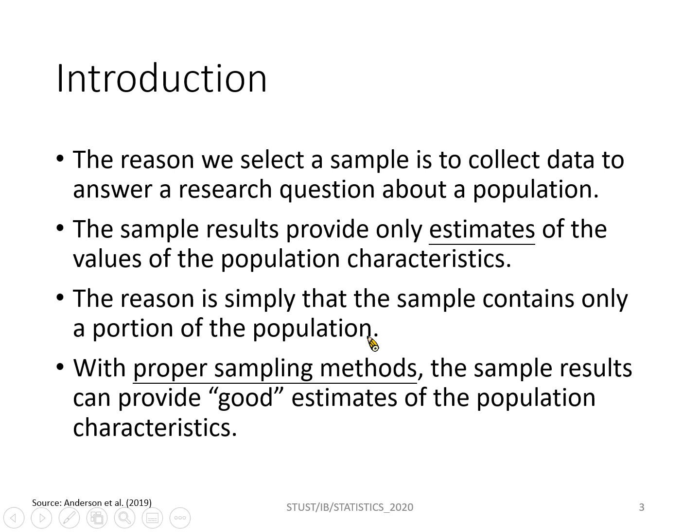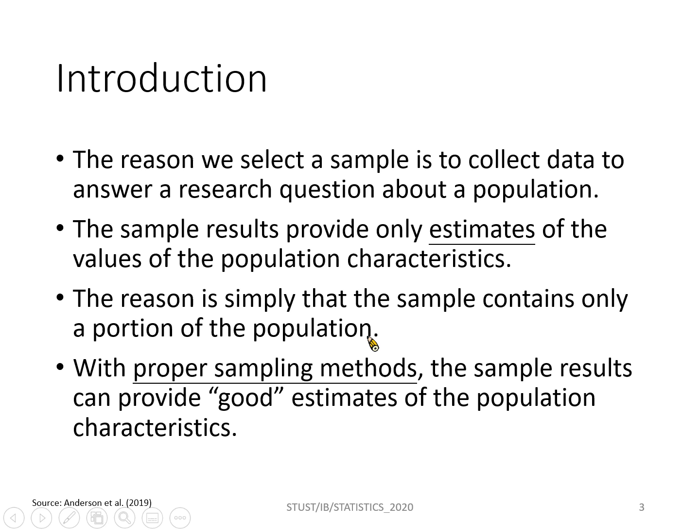And the reason we select a sample is to collect data to answer a research question about a population. For example, we would like to know the midterm exam scores, especially the average scores, in STUST. The sample result provides only an estimate of the value of the population characteristics, simply because the sample contains only a portion of the population.